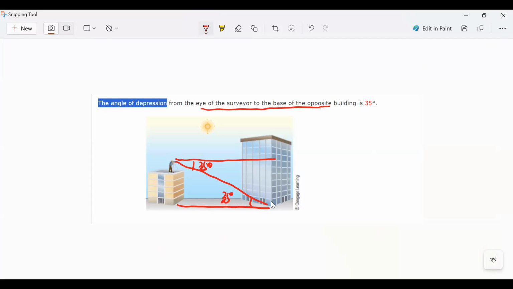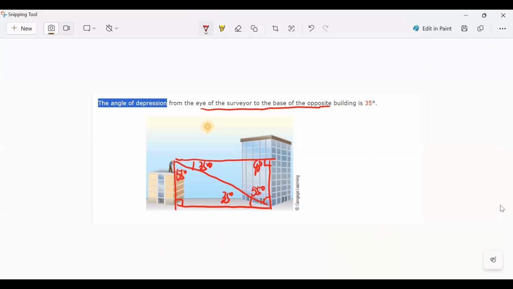Either this one, if we see some graph like this, it's okay, right? Or the other one will be okay. And let's say if this is 35 degrees, then this one will be 55 degrees, because this is 90 degrees. Same thing here, right? It's 90 degrees, and this one will be 55 degrees.